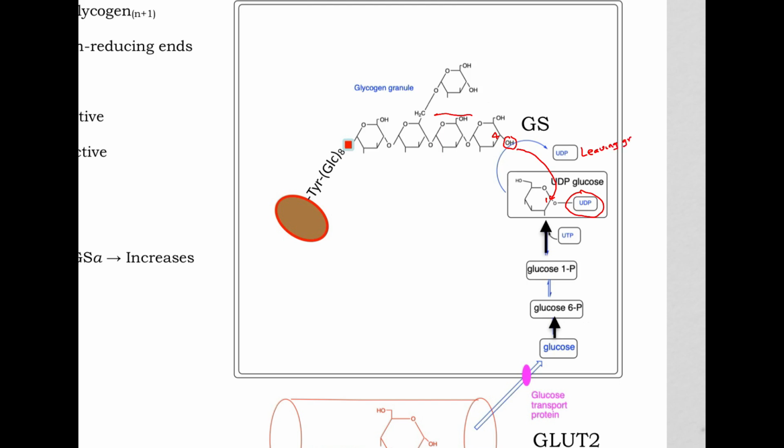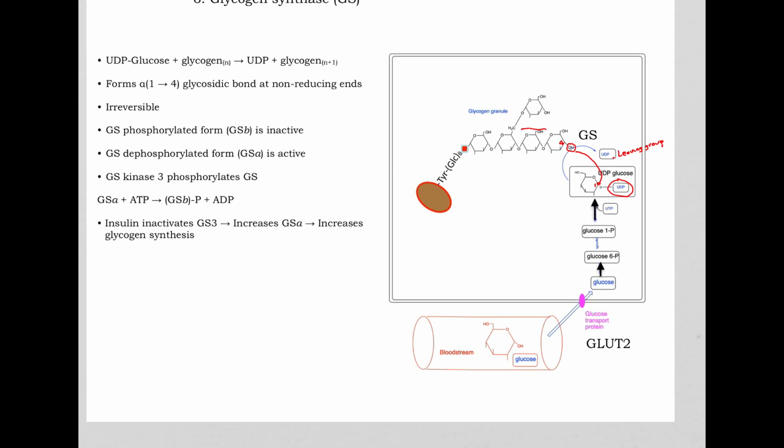So in organic chemistry, the UDP acts as a leaving group, and that will lead to carbon 4 joining carbon 1, forming an alpha-1,4 glycosidic bond. So in this way, we can add glucose continuously to the non-reducing end, and again we can add another glucose.